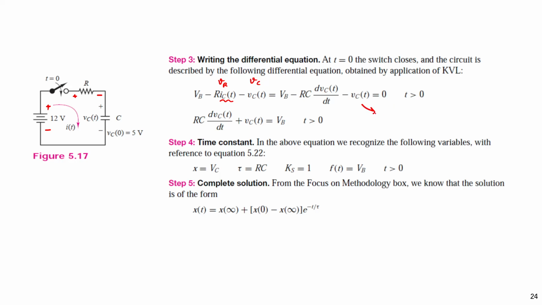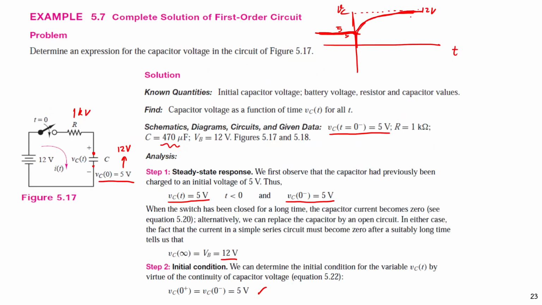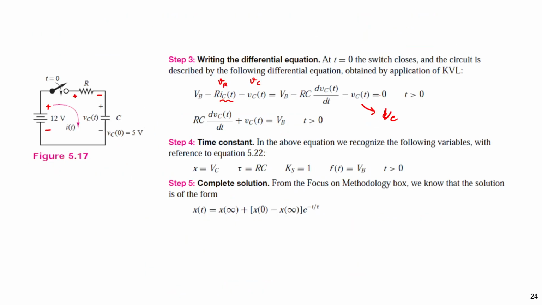So we solve for VC. We can guess here that VC will be in this form. We rearrange this equation, and we get RC dVC by dt plus VC equal to VB. Or we can substitute RC.